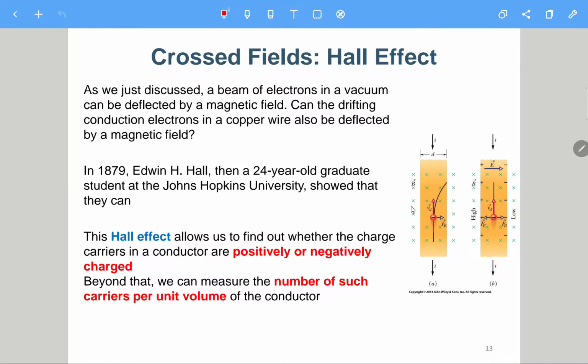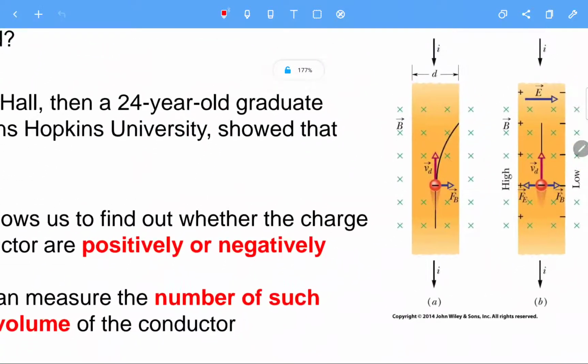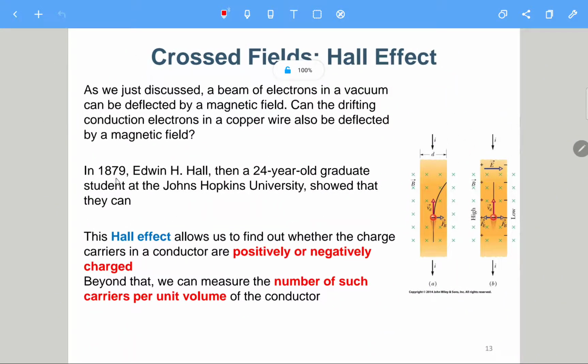Now we consider if we have a wire. Maybe I just tell the story first. In 1879, this guy Hall, a 24-year-old graduate student at Johns Hopkins University, showed that they can.